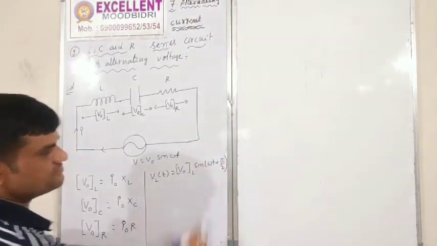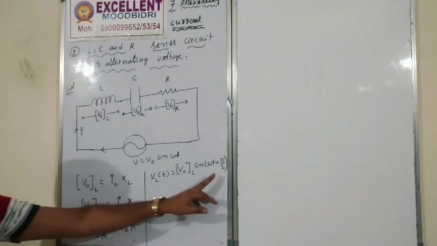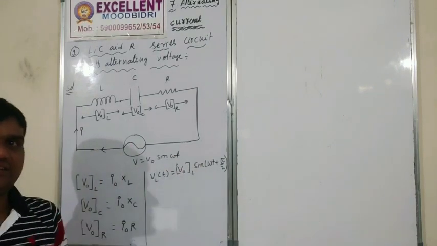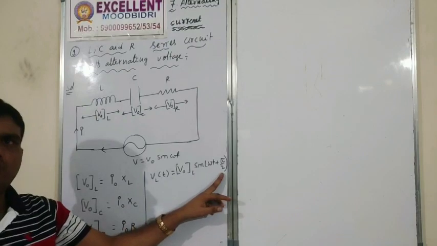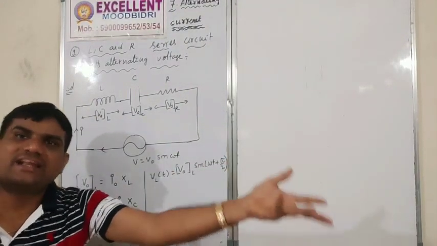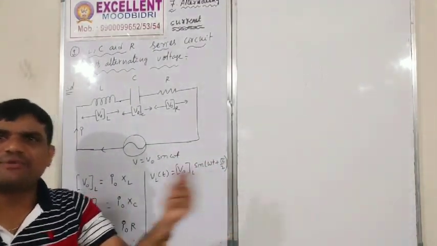Why have I written pi by 2 here? Because in an inductive circuit voltage leads and current lags by pi by 2, so voltage leads by plus pi by 2.